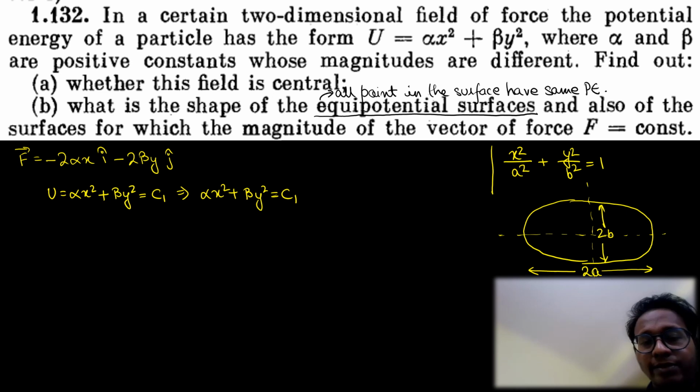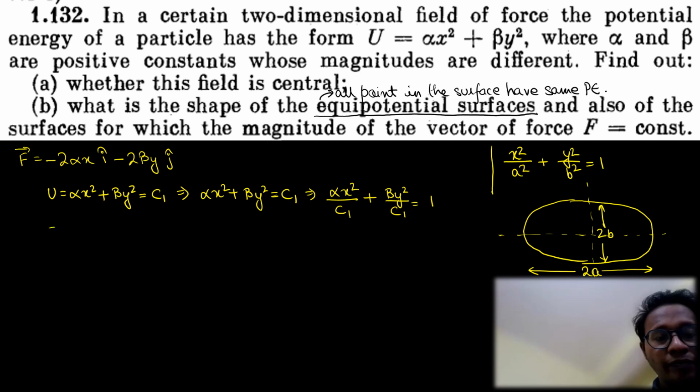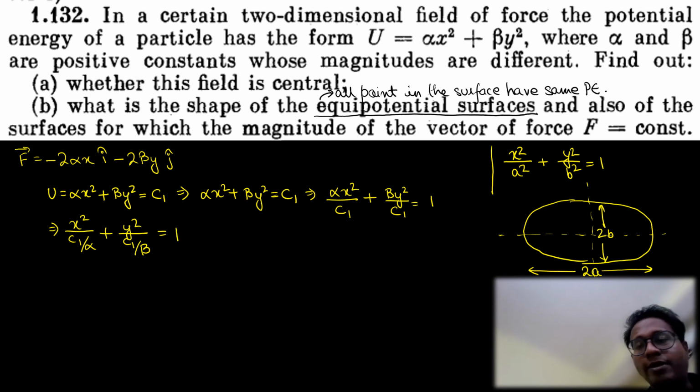How? Can I write this as alpha x square by C1 plus beta y square by C1 is equal to 1, dividing C1 on the left and right sides? Can I take alpha to the denominator? Of course. So x square by (C1 by alpha) plus y square by (C1 by beta) is equal to 1.